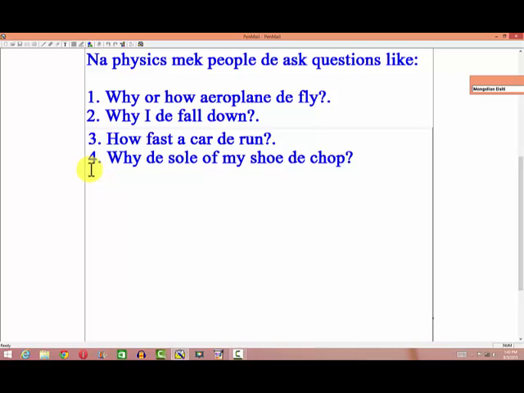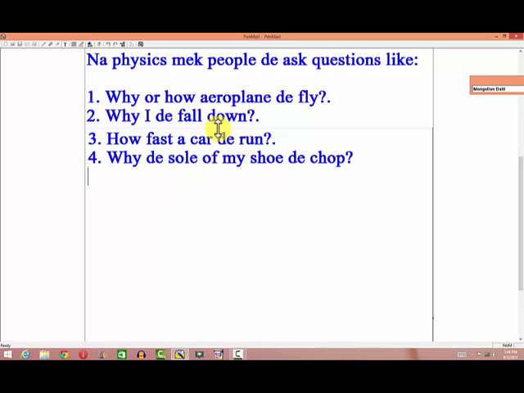If you buy a new shoe, after some time the sole will chop off. Why is the sole chopping off, and how does it happen? So all these little questions, like children they ask, these are all questions that can be answered by physics.